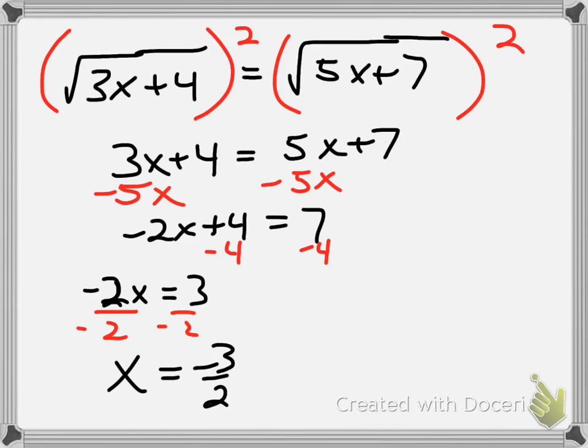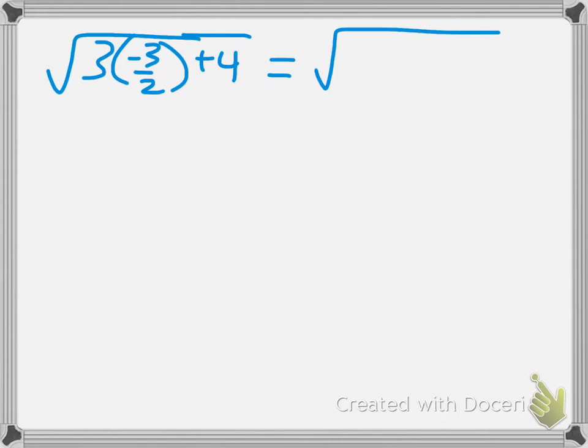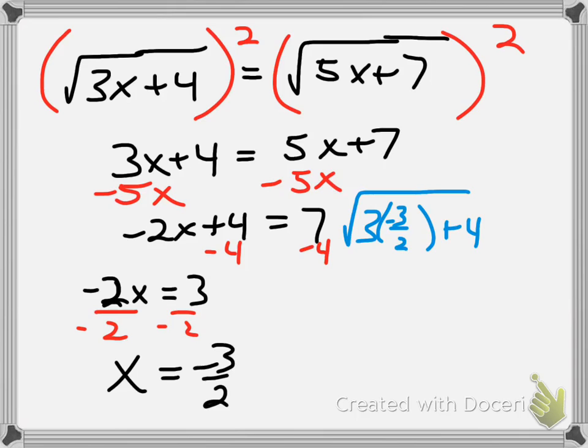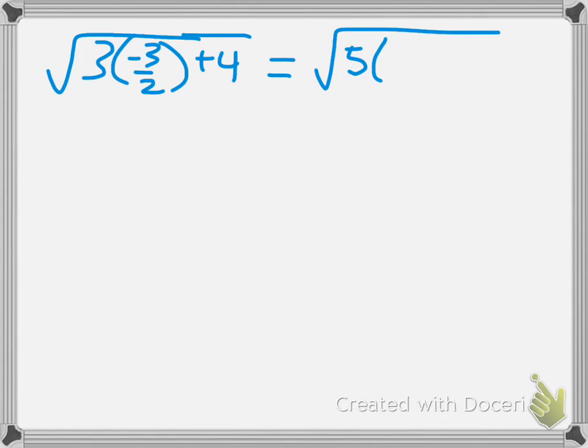So I'll substitute my negative 3 halves back into the original equation, leaving me with the square root of 3 times negative 3 halves plus 4, equals the square root of 5 times negative 3 halves plus 7.